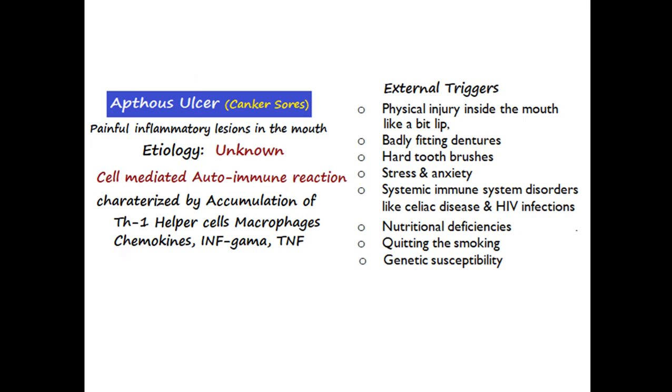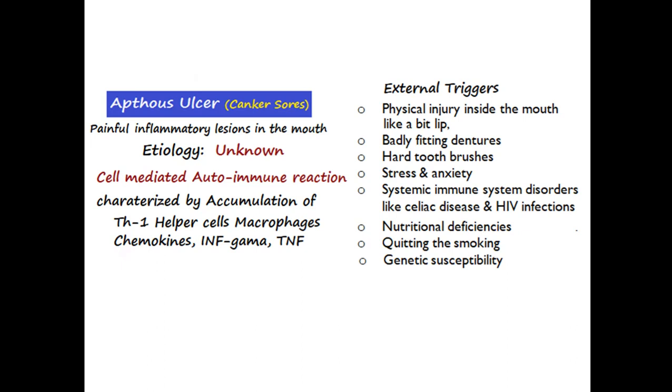These are Aphthous ulcers, and they are commonly seen in people who are under stress and who are anxious. Now, there are some systemic immune system disorders which are associated with Aphthous ulcers. Though these are systemic diseases, Aphthous ulcers may be a part of it.